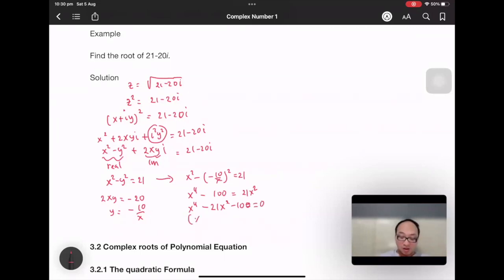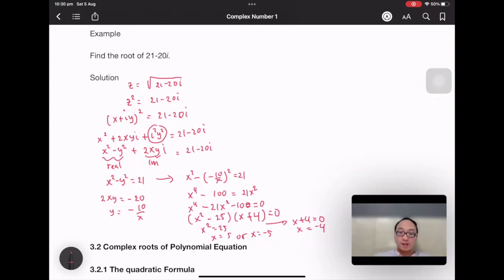So this is (x squared minus 25)(x squared plus 4). So x squared equals 25, x equals 5 or x equals negative 5. From here, x squared plus 4 equals 0, so x squared equals negative 4.